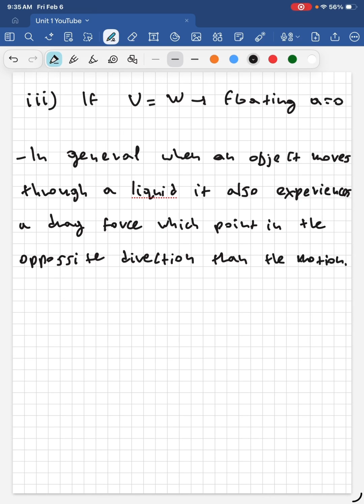We're going to talk about this later, but briefly, let's say that we have an object sinking into some liquid. It will experience the force of weight, the upthrust, and since it's moving down, the drag force is going to be up, and let's call it D.